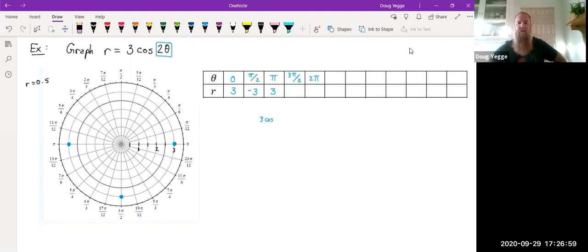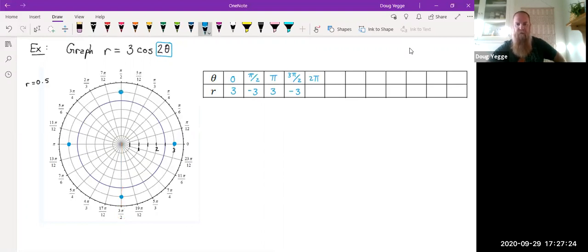So now if we try 3 pi over 2, again, double that to become 3 pi. Cosine of 3 pi is -1. So this becomes -3. So let's practice that negative radius. Point in the direction of 3 pi over 2 and walk backwards 3 units. So notice that my next point is right here.